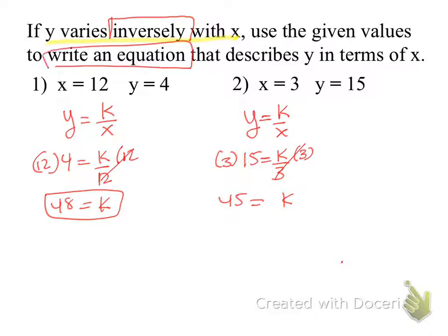equation look like if y is varying inversely with x? Y in terms of x. It's like you're writing it like your y equals mx plus b. Same way we write that.